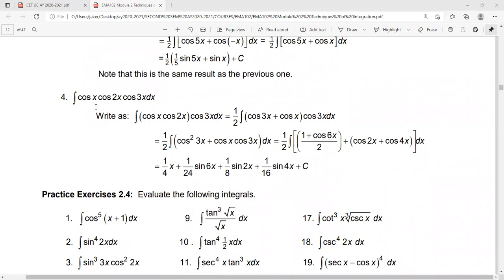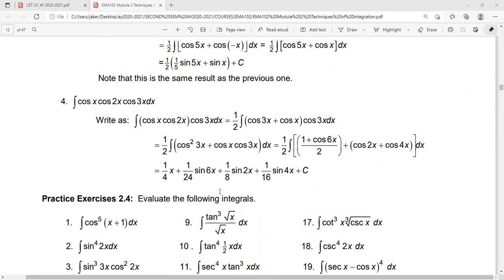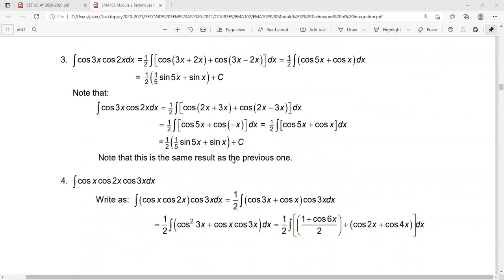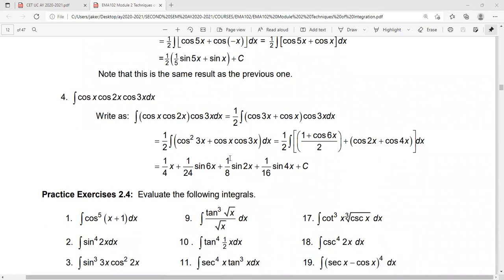You have here the cosine of x and the cosine of 2x and the cosine of 3x. I'm sure if you look at this and you did not know this set of identities, you will right away be very nervous, or you will rattle, as the term of the students then, because it seems very complicated already. You just process it piece by piece.